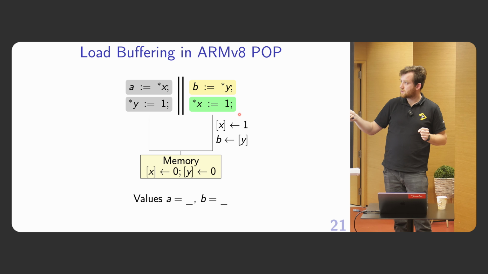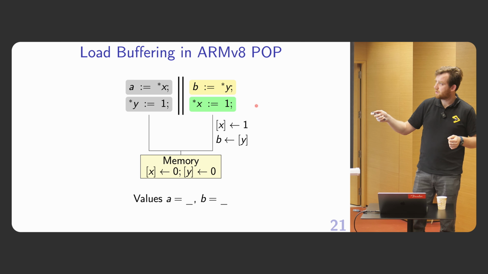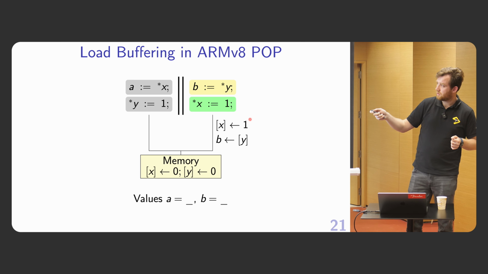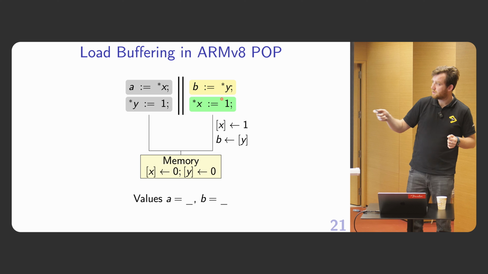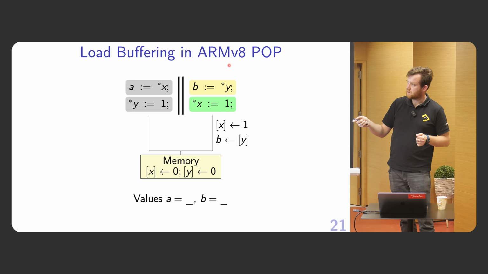And we use the green boxes to denote the instructions which are fully executed. So the write instruction in the right thread sent the write request to write 1 to X in the memory, and so it issued the request and doesn't wait for any response, so it's executed.